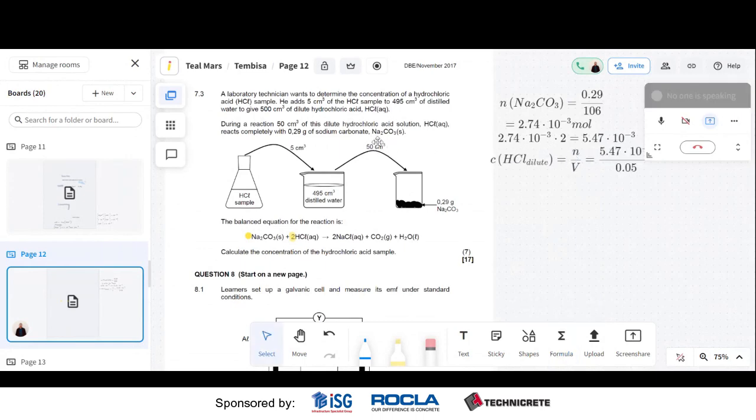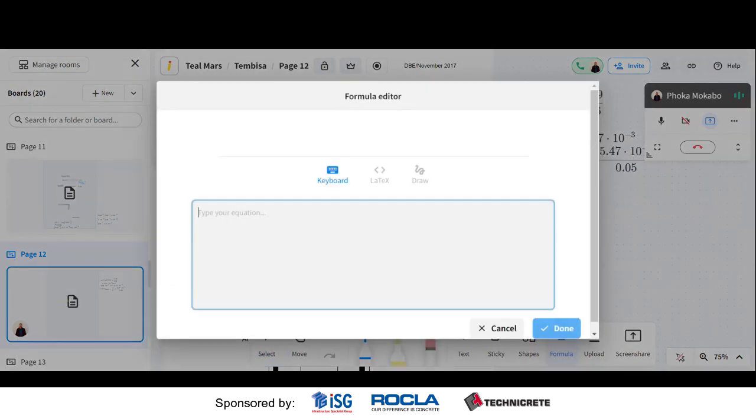Right there. The 50 centimeters cubed, which I converted into decimeters cubed by multiplying by 1,000, and you end up with 0,05. And that's what we use to substitute into here. Our answer is therefore equal to 0,1094, and that is in moles per decimeter cubed.